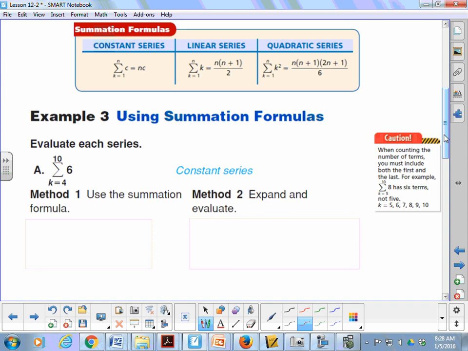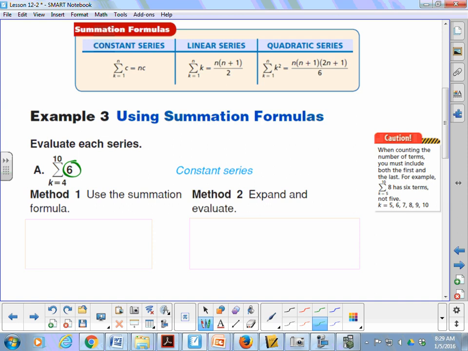So this is a constant series because this here is just a constant, the number 6. So term numbers 4, 5, 6, 7, 8, 9, and 10 are all going to be just 6.